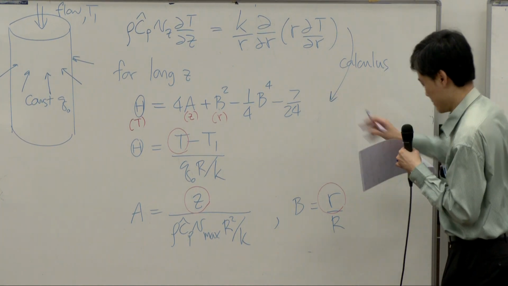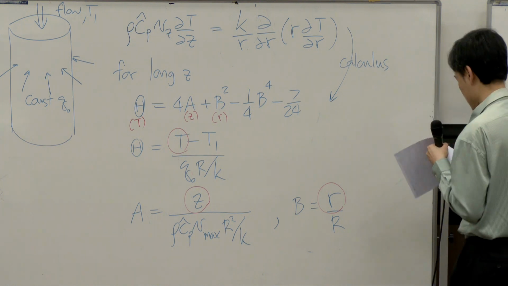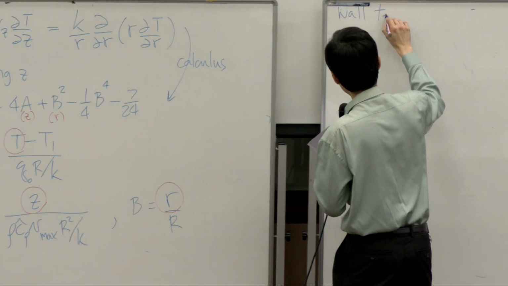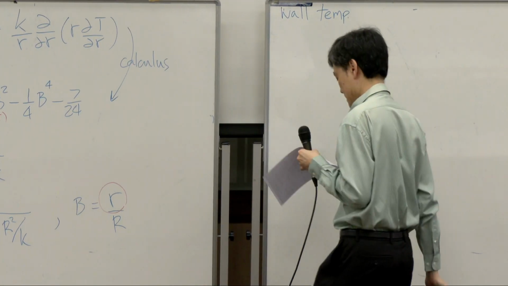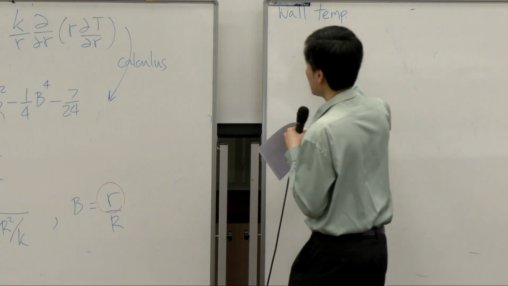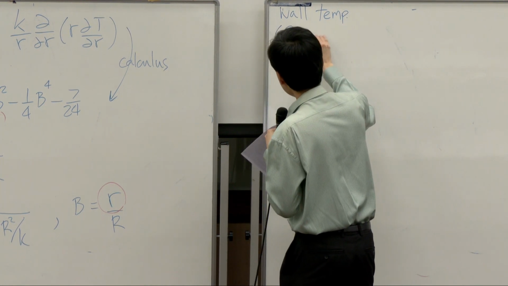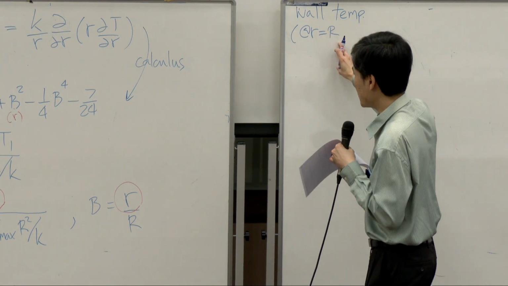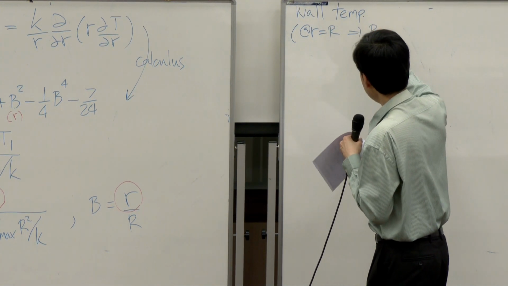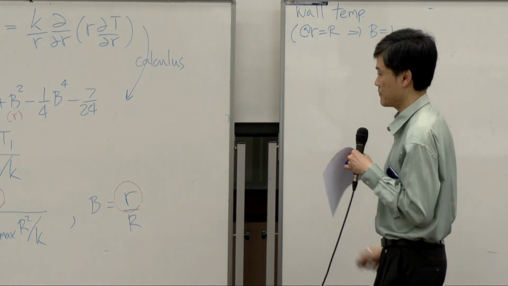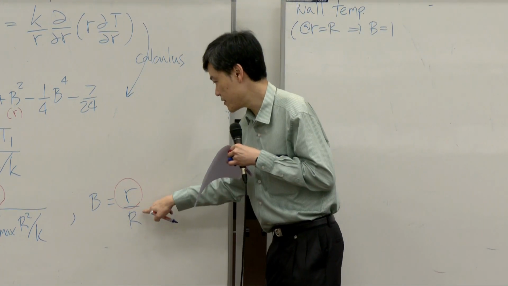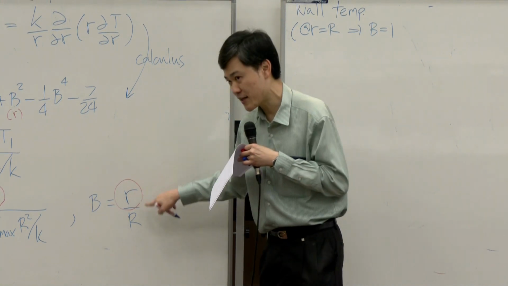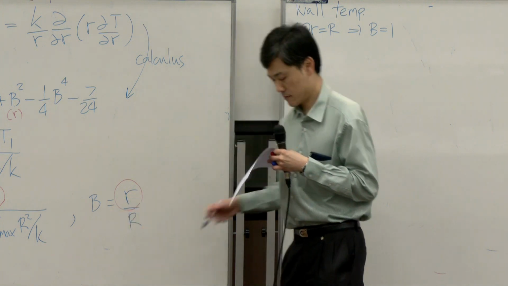So from this temperature profile, if I want to find wall temperature, wall temperature occurs at r equal to capital R. And r equal to capital R makes B equal to 1, right? This B is r over capital R. If this is wall, this small r becomes capital R, and B is 1.